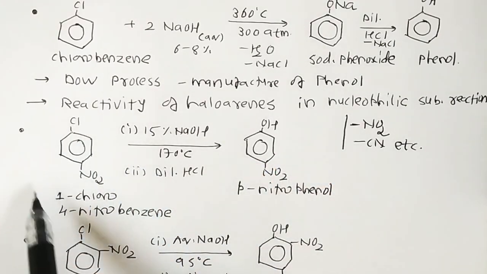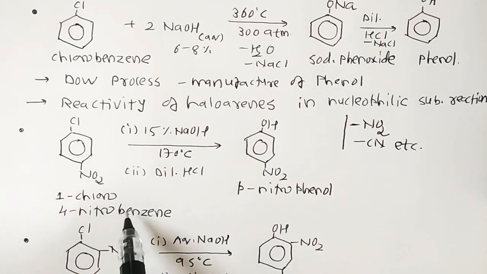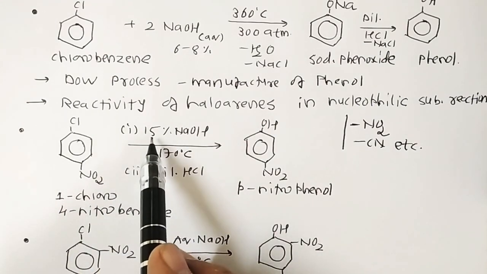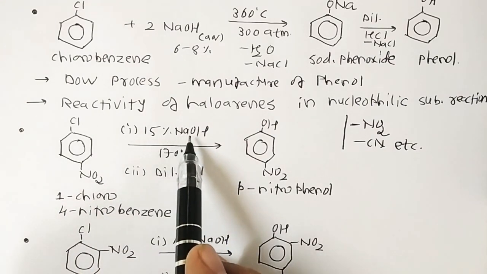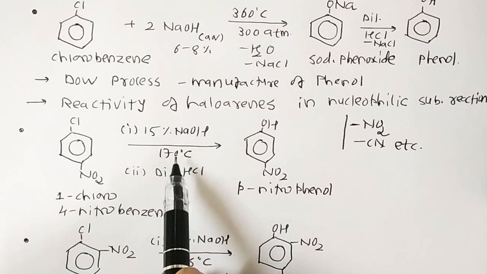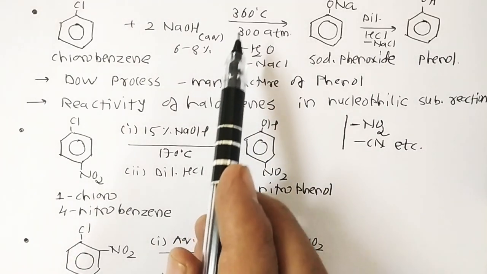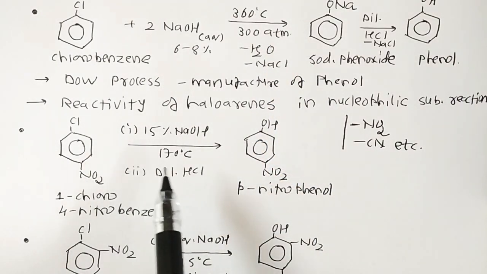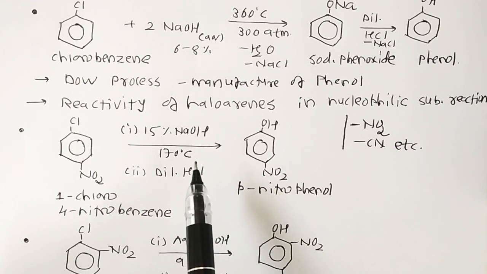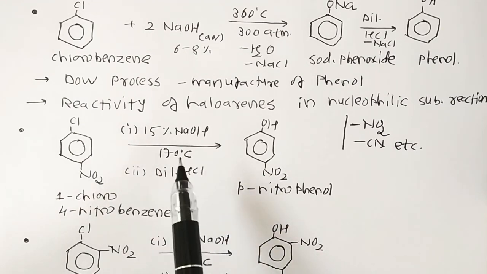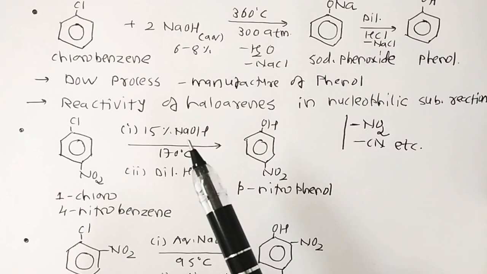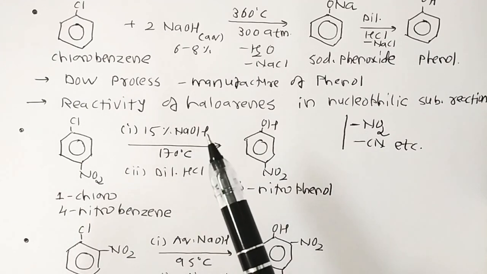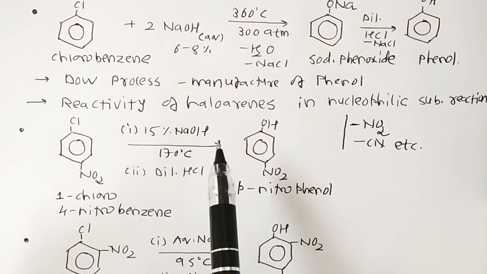When we perform this reaction on 1-chloro-4-nitrobenzene, look, here 15% NaOH is used, but the temperature is too low, 170 degrees centigrade only, while in the previous case it was 360, and no pressure is required. It's great news, because pressure in industries is the most expensive process.